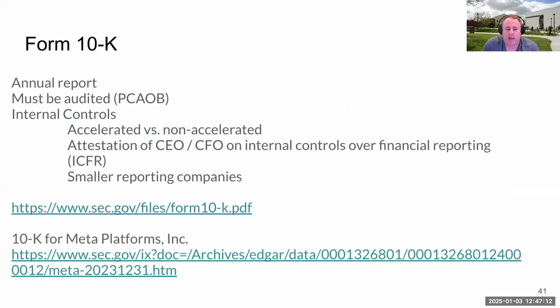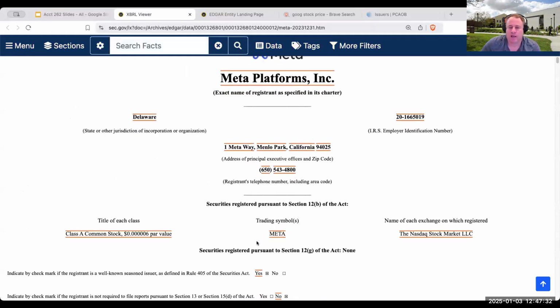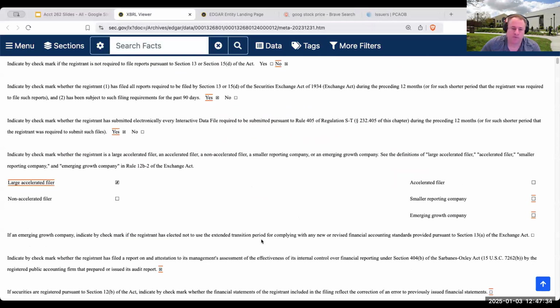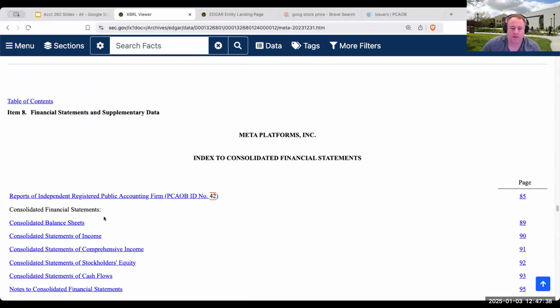Okay, so let's go ahead and talk about Form 10K, which is a company's annual report. So first thing is, it has to be audited, meaning that a company that is registered with the PCAOB will be going through and auditing the financial statements. When I go through and I look at Meta Platforms, again, I love Meta. Well, I love their financial reporting.